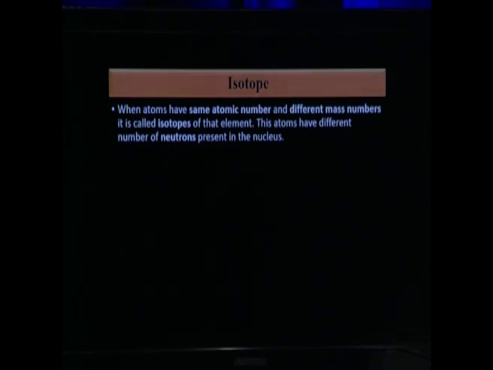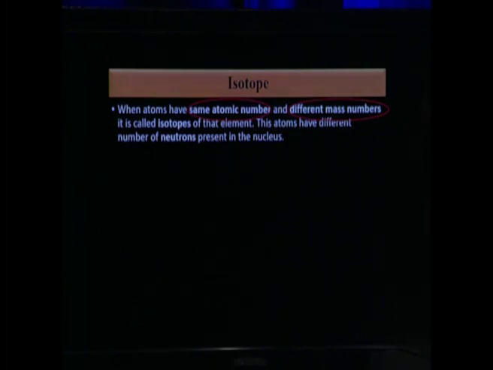First, look at the definition. When atoms have the same atomic number and different mass number, it is called an isotope of that element. So, here the same atomic number, different mass number. Why do they have different mass numbers but the same atomic number?